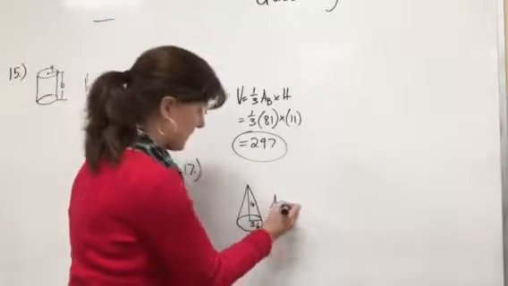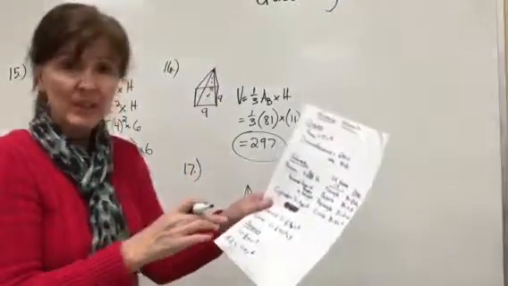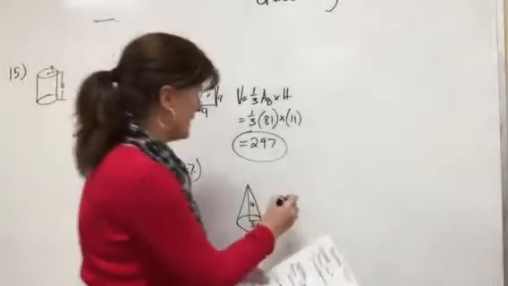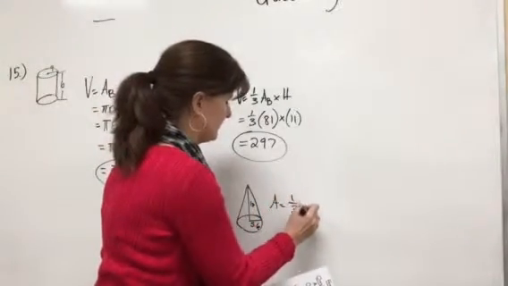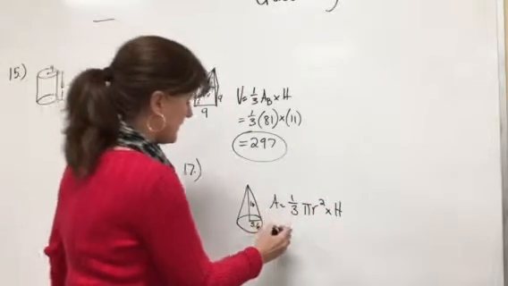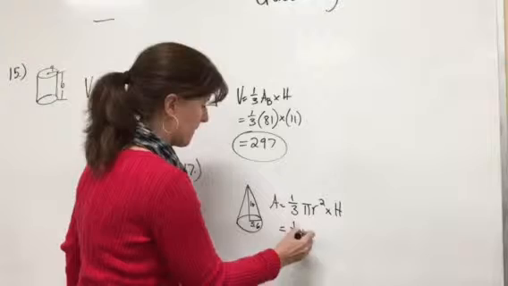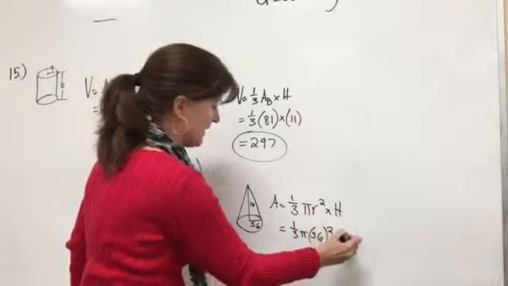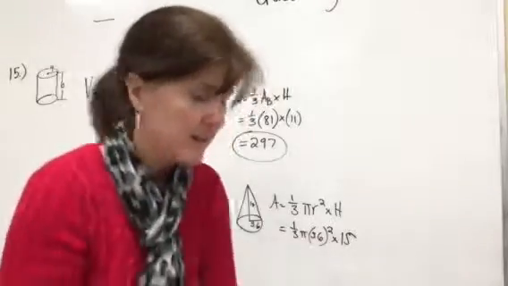So what is the volume of a cone? I'm going to look on my formula sheet and I'm going to see 1/3 pi r squared times height. And my radius is 5.6. Remember, I have to square that first before I do anything else.